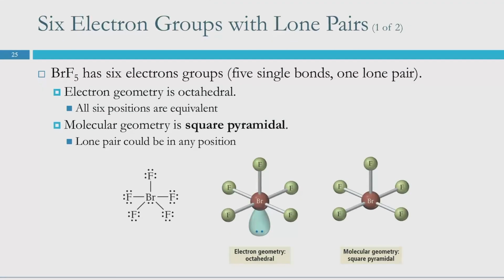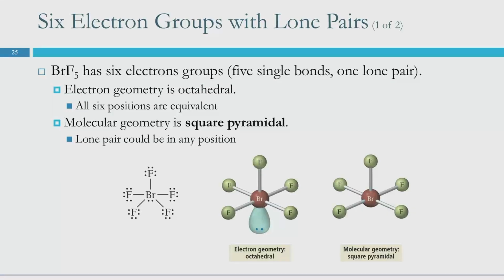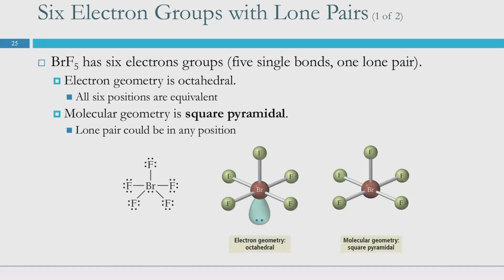Moving on to changes that we can make to our 6 electron groups, our octahedral. So if we've got octahedral electron geometry, but we have one lone pair. Because we have octahedral geometry, all 6 positions are equivalent.